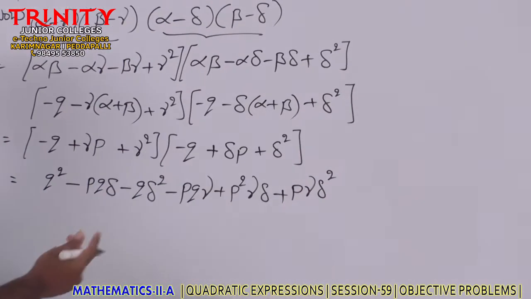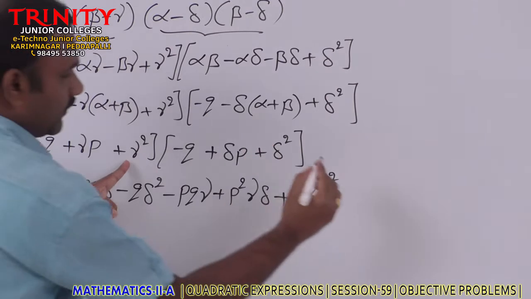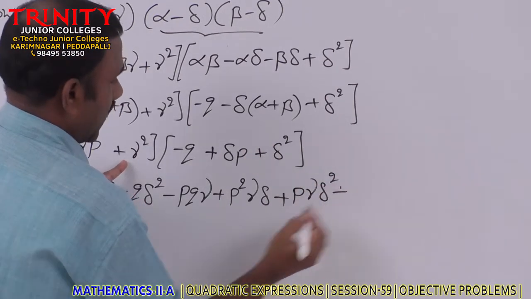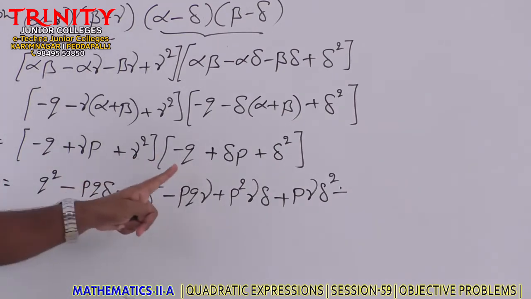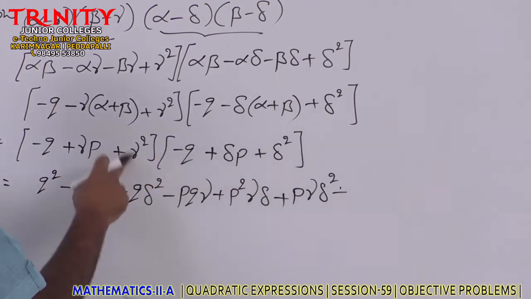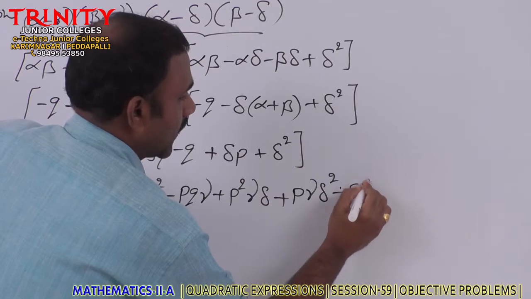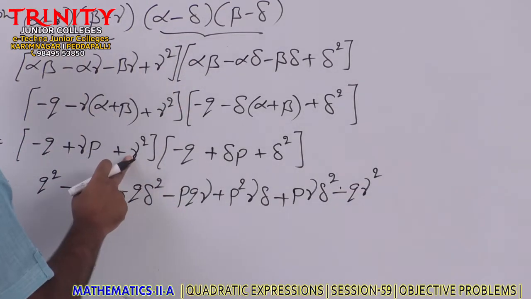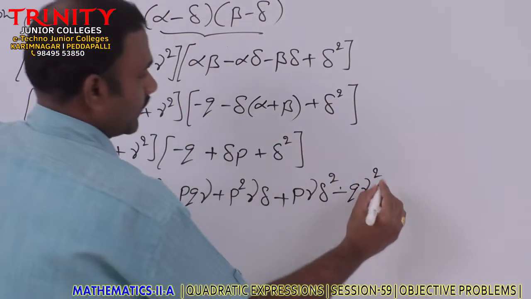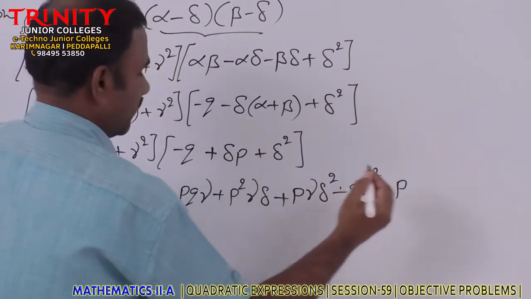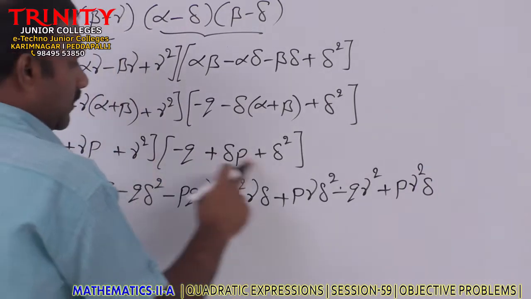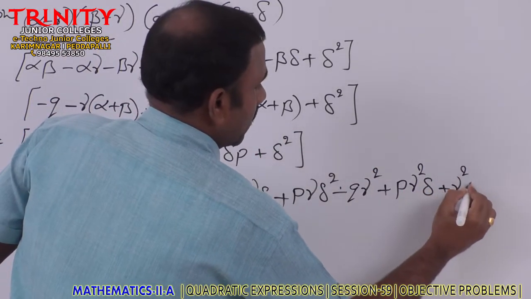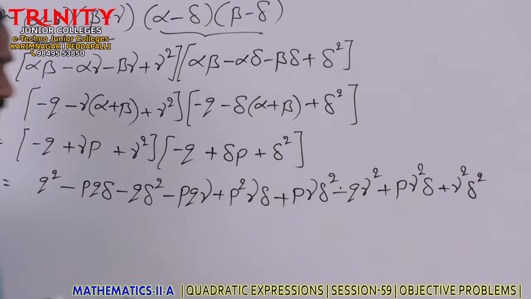And then next gamma square into minus q, minus q gamma square; then next gamma square into delta p, p gamma square delta; then next plus gamma square delta square.